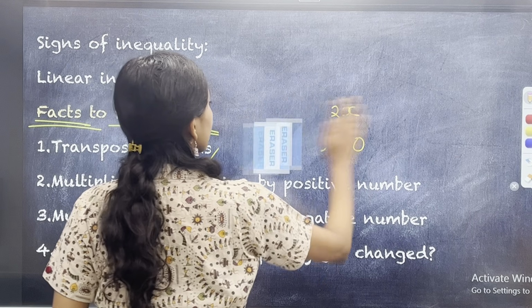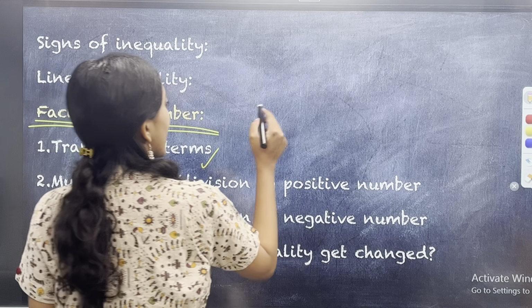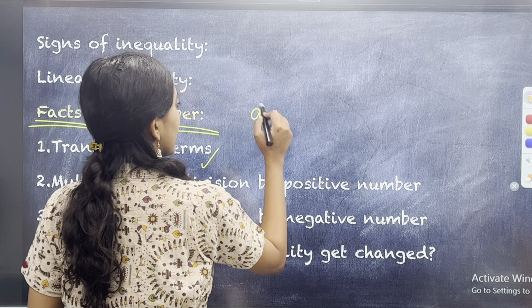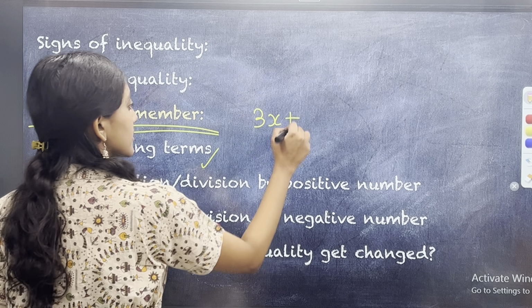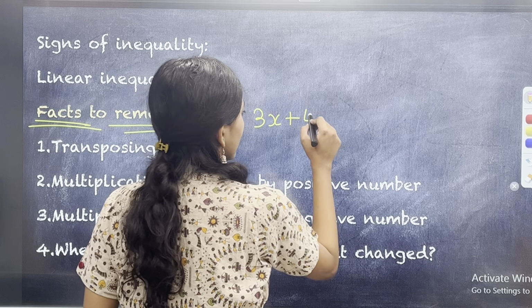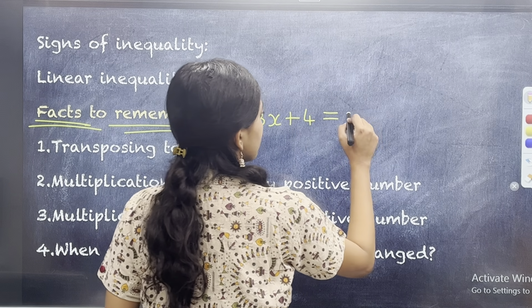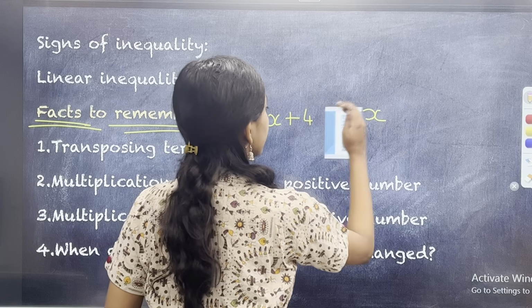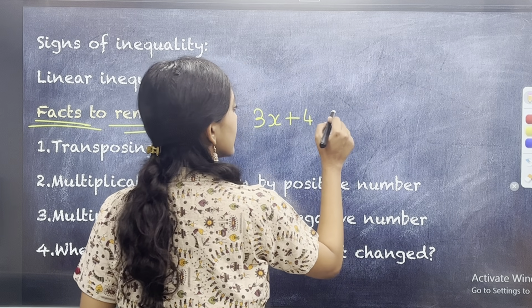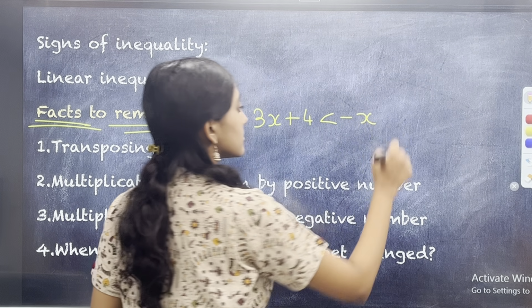Or let me give you another example. You have 3x plus 4 is equal to minus x. This is your equation, or for example, let's take an inequality, is less than minus x.